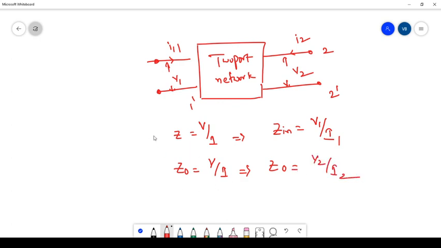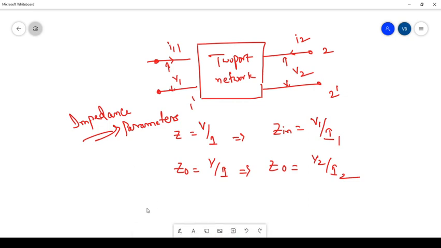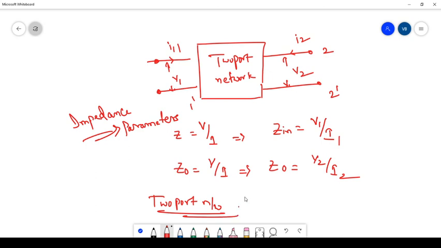These parameters are called impedance parameters. So we can write the equivalent T networks for the magnetically coupled circuit. You can get these in detail in the two-port network chapter, that is the third chapter. There we'll discuss in detail.